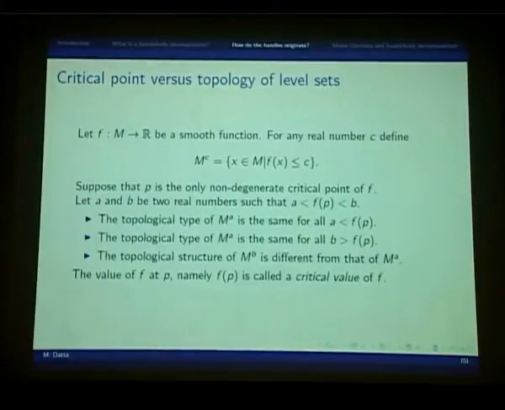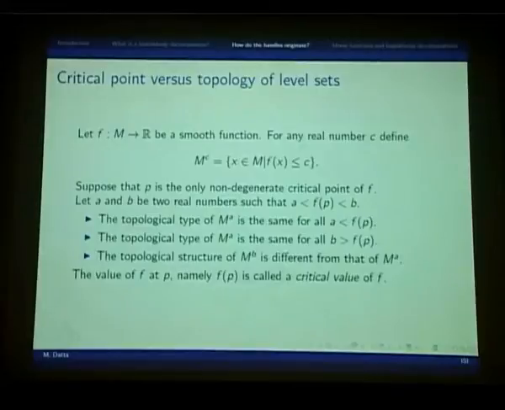The topological type of MA is the same for all A strictly less than f of P. So as long as A is strictly less than f of P, the sets MA, consisting of all x in M where the functional value is less than or equal to A, will have the same topological type.